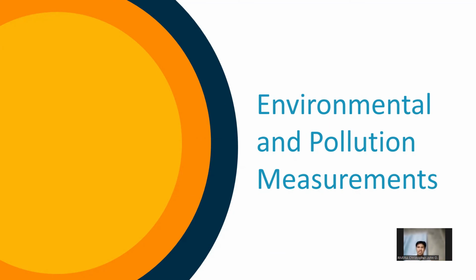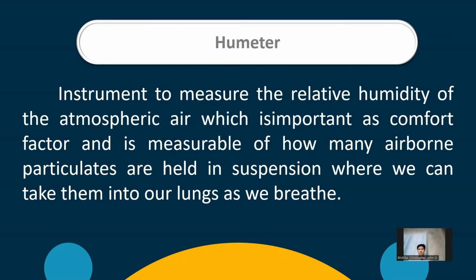Now let us go to environmental and pollution measurements. Humimeter, an instrument to measure the relative humidity of the atmospheric air, which is important as a comfort factor and is a measure of how many airborne particulates are held in suspension where we can take them into our lungs as we breathe.